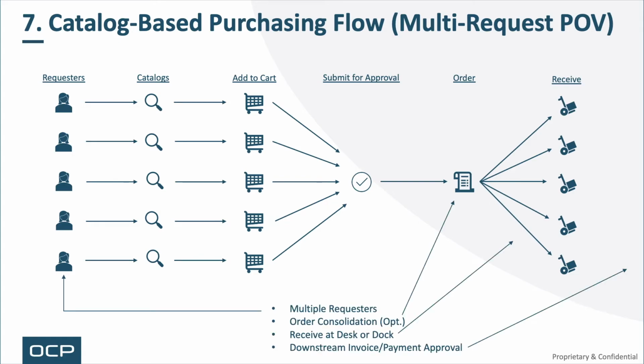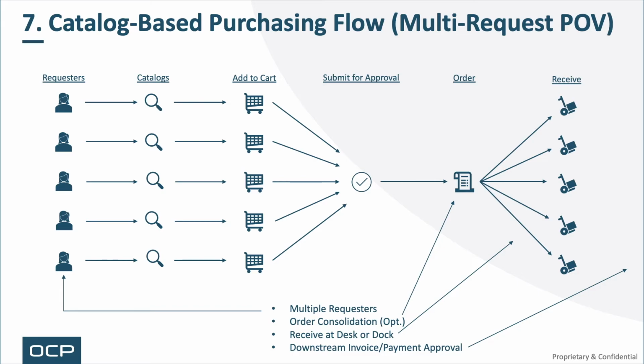Once they've been received, we can see that there are some different rules or peculiarities, if you will. First, multiple requesters. Second, this order consolidation that I talked about. Third, receive at desk or dock. And then fourth, this downstream invoice/payment approval.